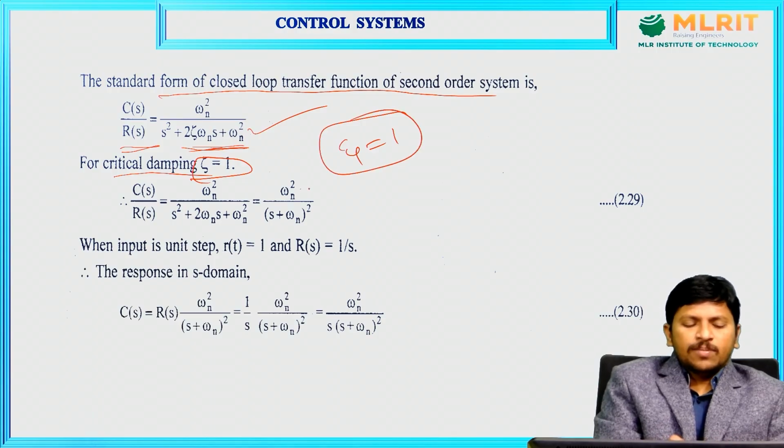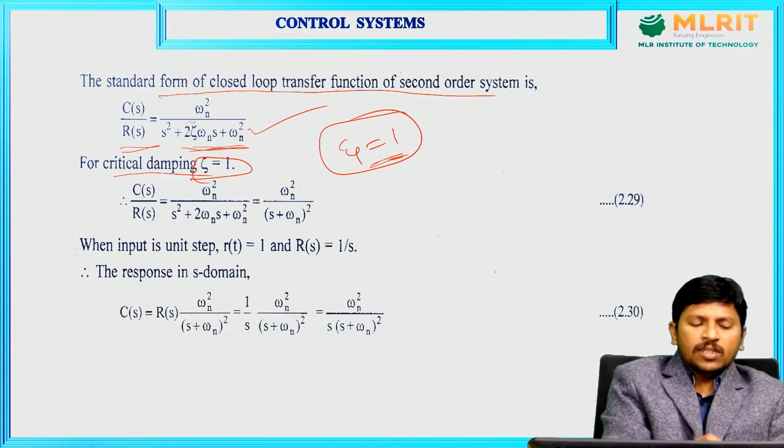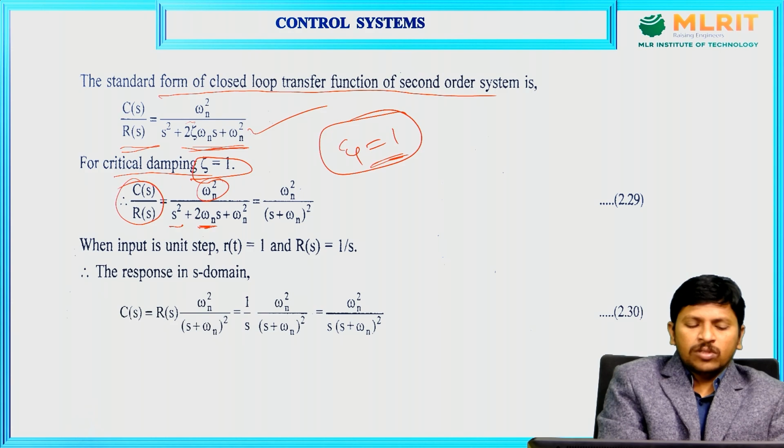Substitute zeta equals 1 in C of s divided by R of s. So C of s divided by R of s equals omega n square divided by s square plus 2 zeta omega n s plus omega n square; in place of zeta, the value 1, so 2 into 1 is 2, giving 2 omega n s plus omega n square.